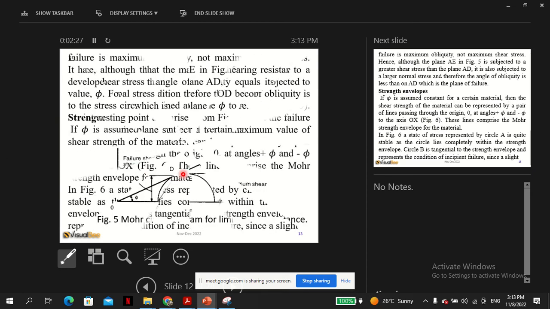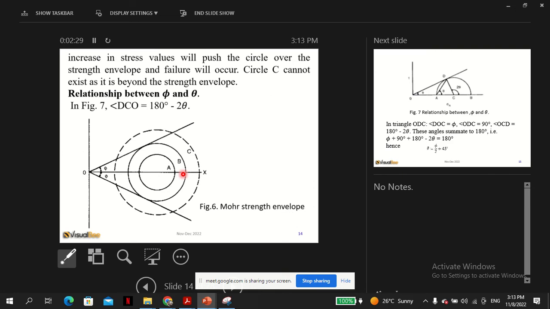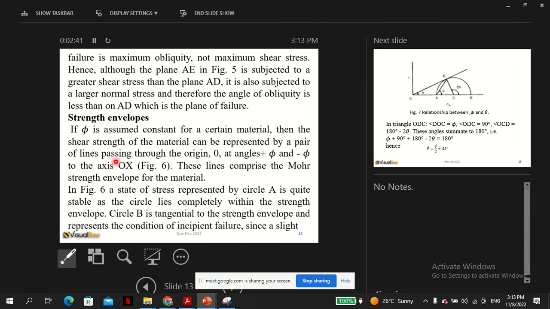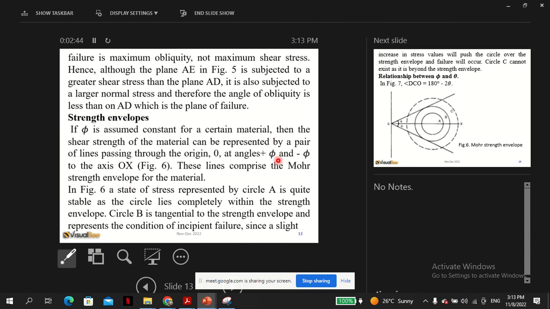This is the practice. However, it can be either half a circle in the negative or in the positive. It's symmetrical, so if you go down or up, we are talking about the same thing. So we can talk about plus phi or negative phi. These lines comprise the Mohr strength envelope for the material.